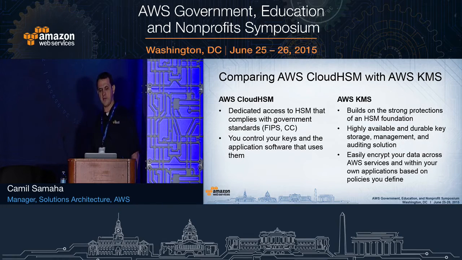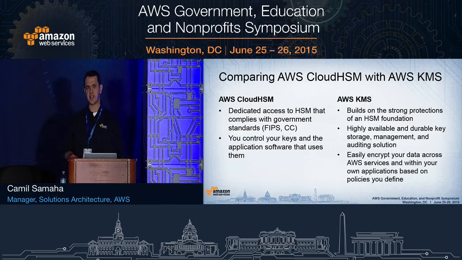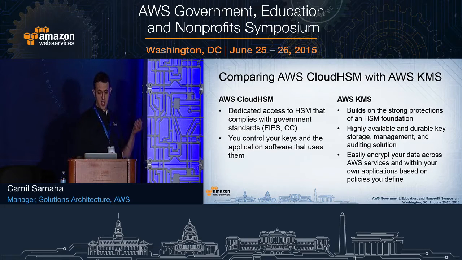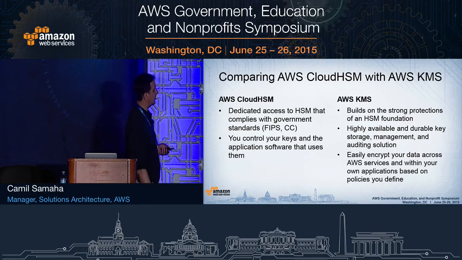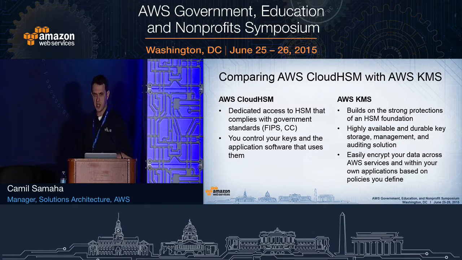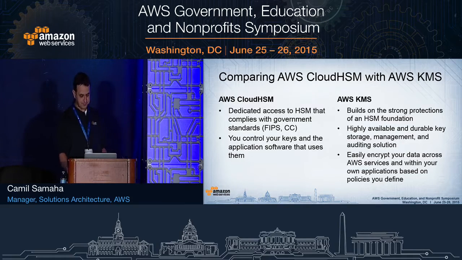And then you have full control of your keys and the applications that use those keys. With KMS, we build upon the HSM foundation, and we give you full control of who has access to use and manage those keys, and also full auditability of the operations made against the KMS service.